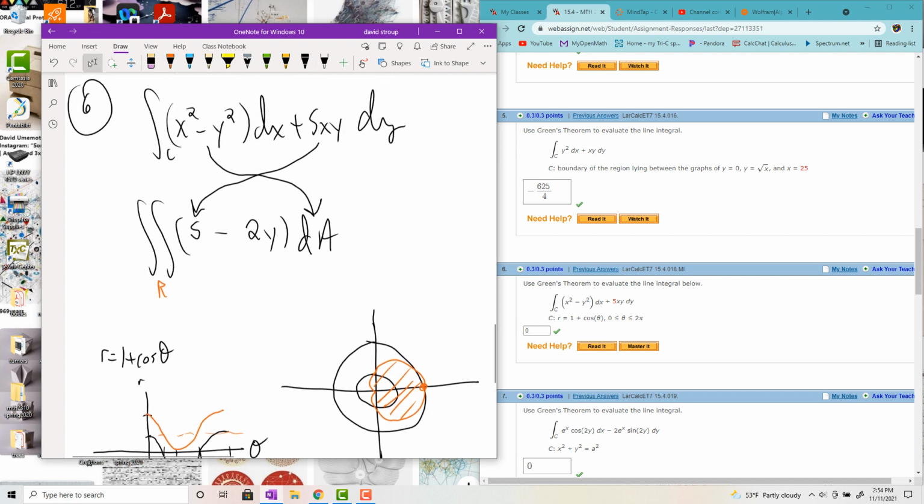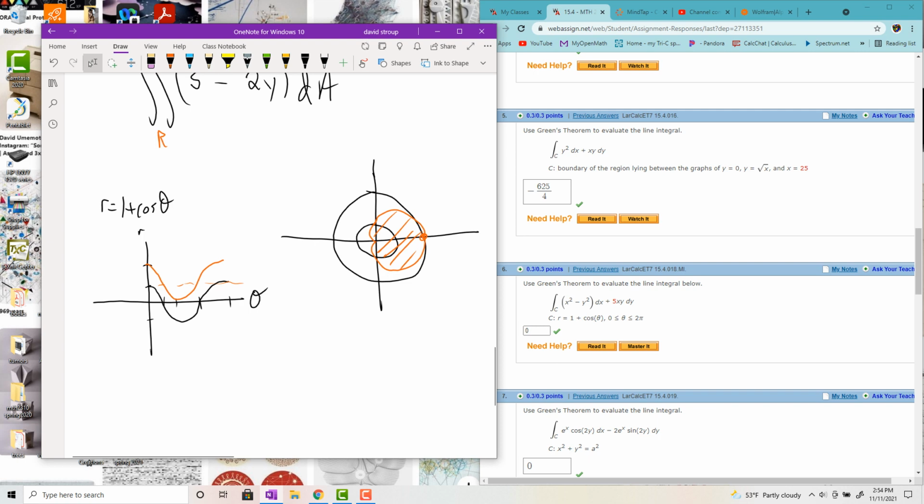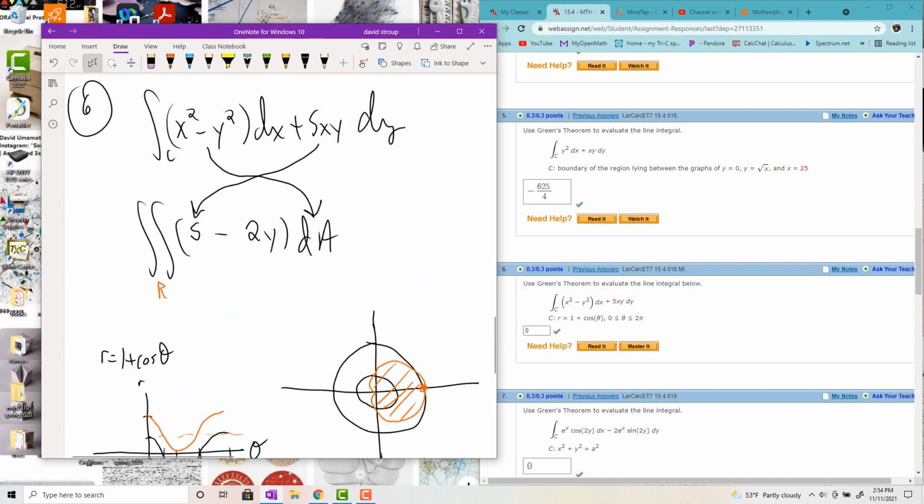Okay, so anyways, I'm going to go to polar coordinates, so this will become the double integral of 5 minus 2 times y. Y will be r sine theta, right? Let's totally make sure this is correct. The partial with respect to y... no, the partial with respect to x first.